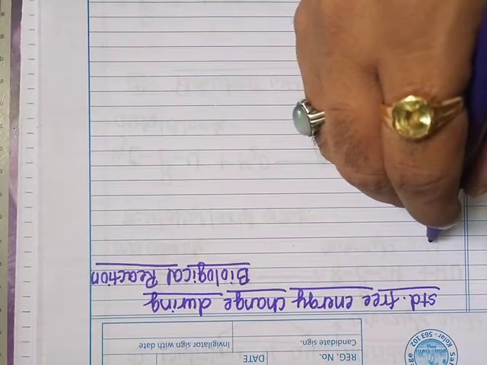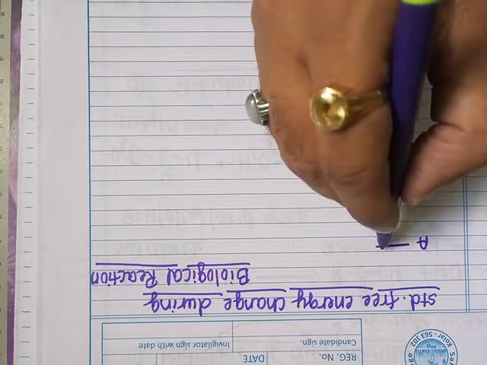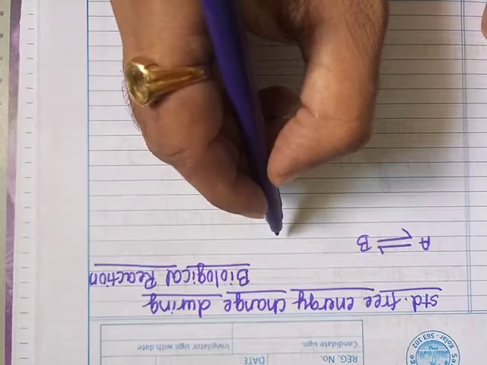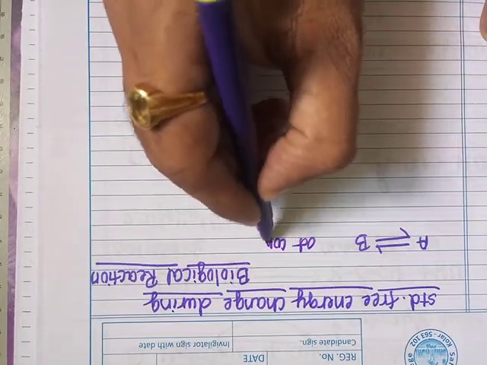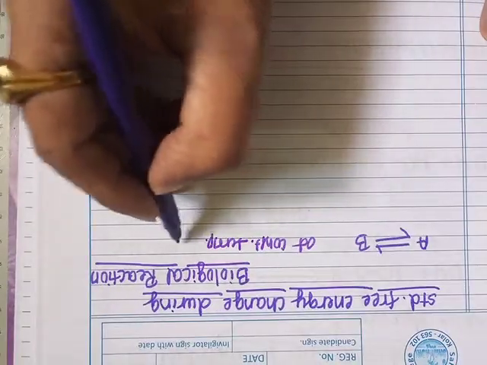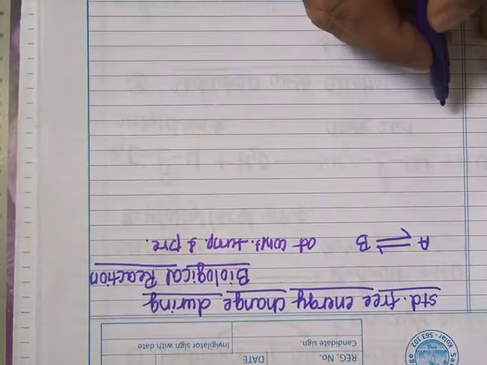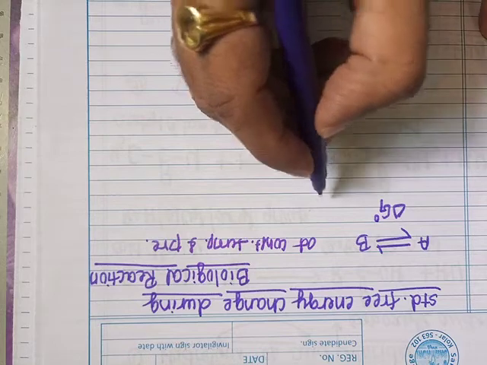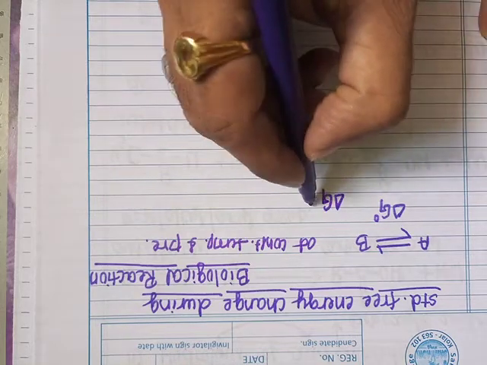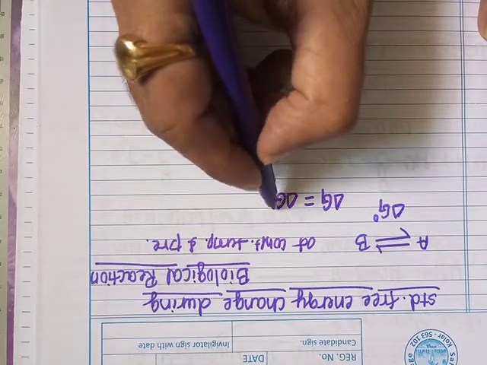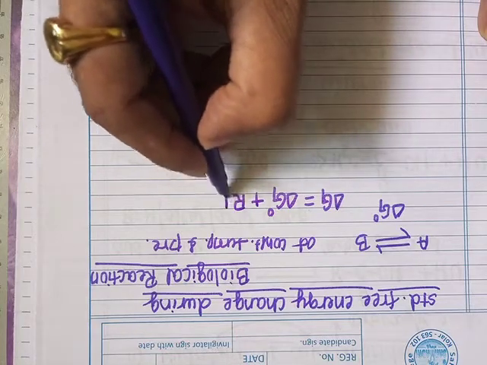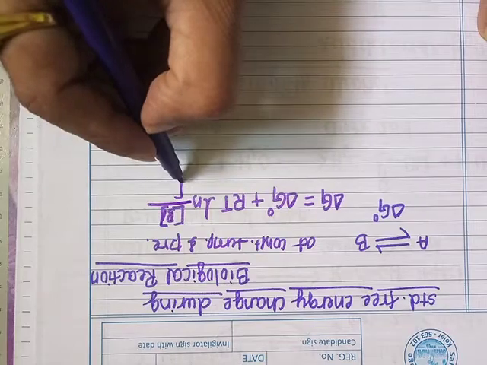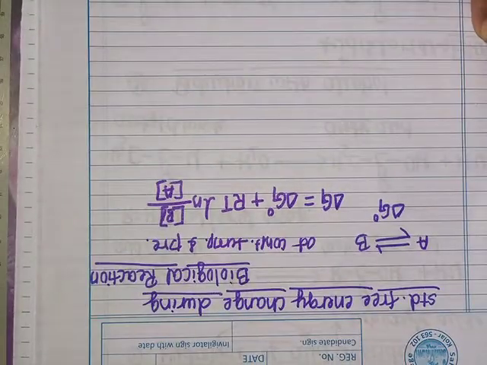Let us consider a general reaction of the type A to B. At constant temperature and pressure, the change in free energy is given by delta G is equal to delta G naught plus RT ln concentration of the products divided by concentration of the reactants.